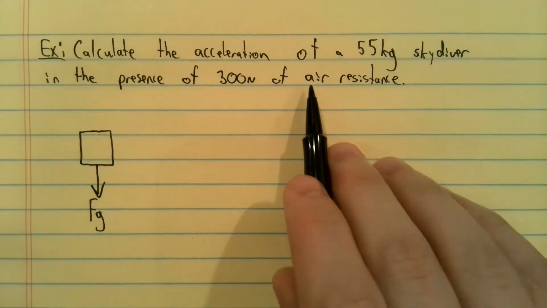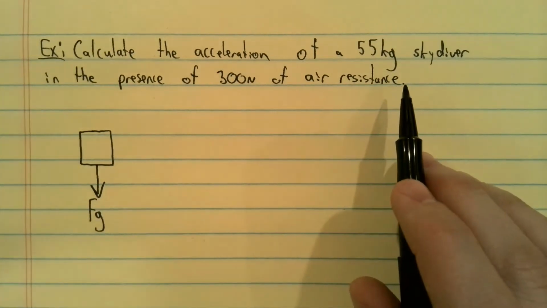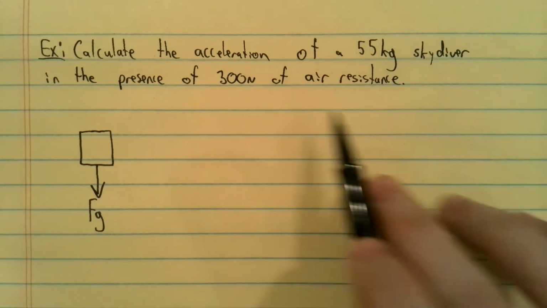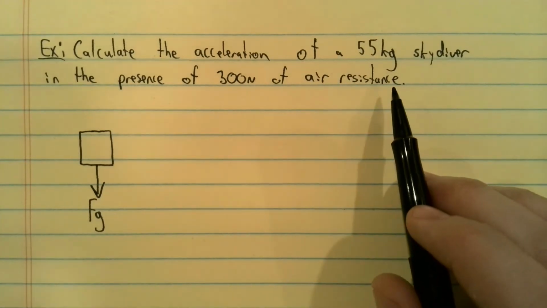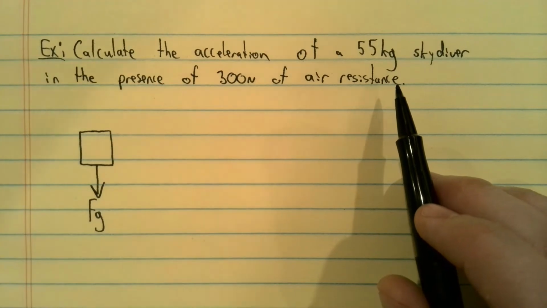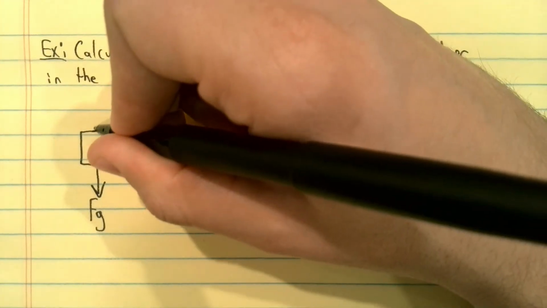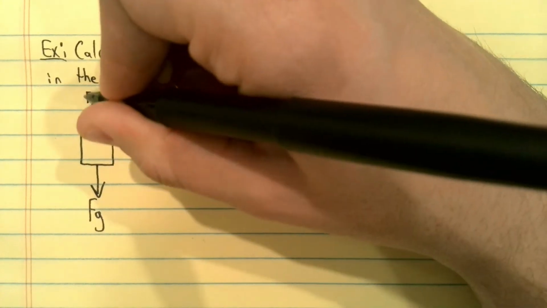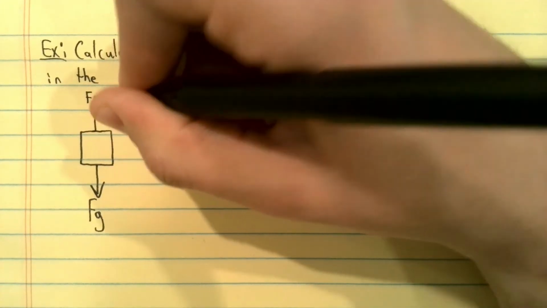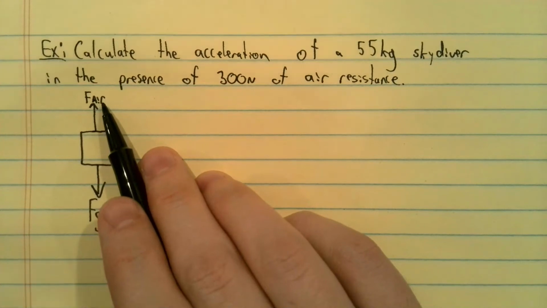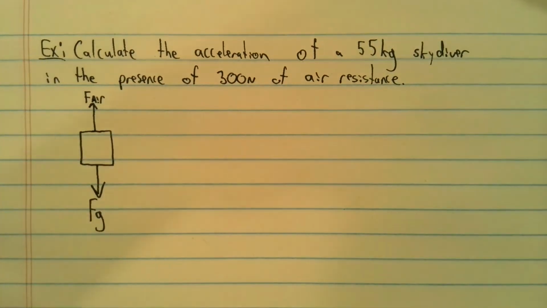We also have right here that there's air resistance. And as your notes say, air resistance is always in the opposite direction of motion. So air resistance will push up on this skydiver, F sub air. And those are all the forces.